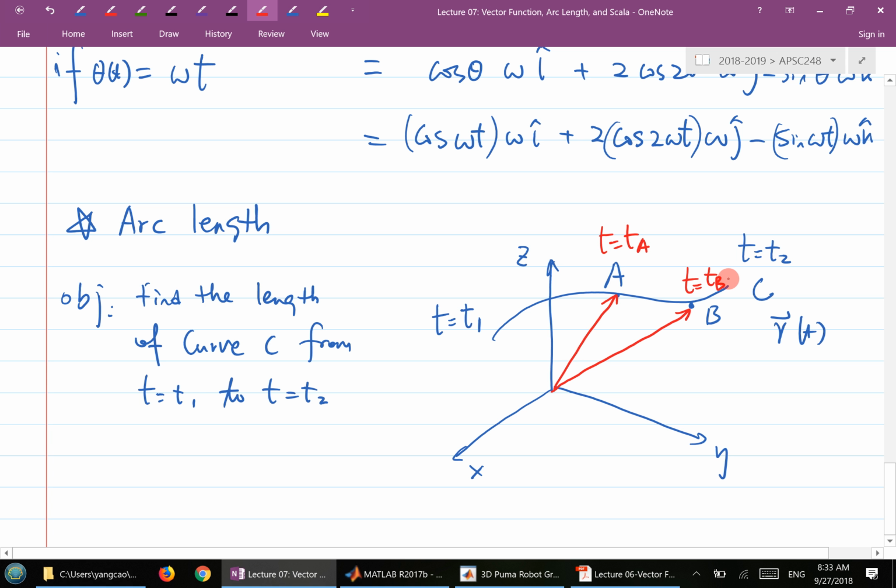So at those 2 particular time moments, you are at location A and location B.